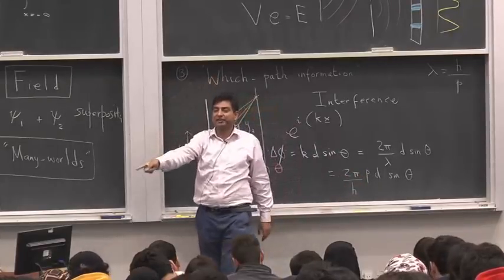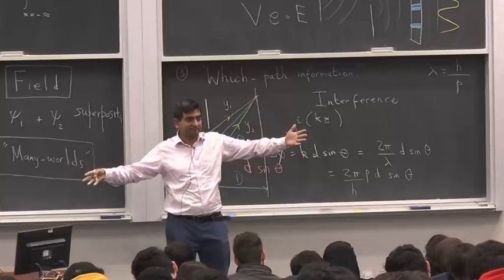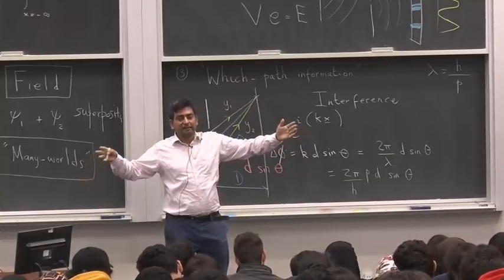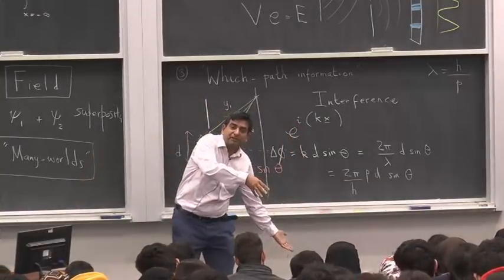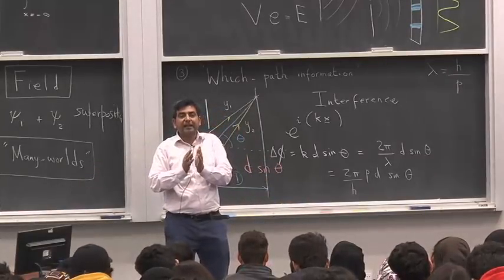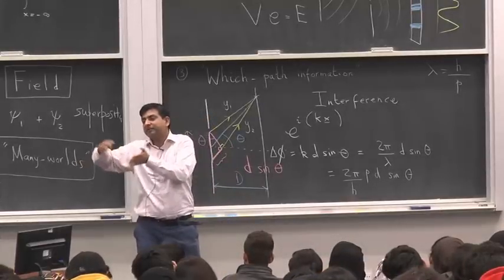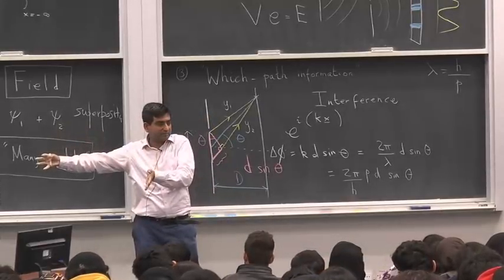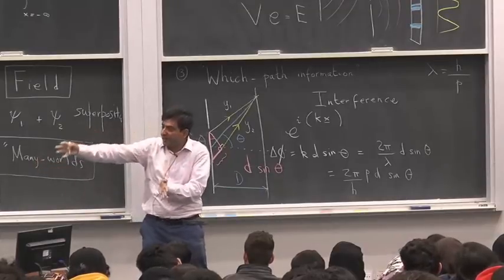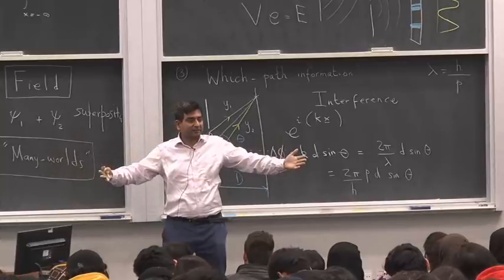Now if you want to see fringes, you can never obtain which-path information. If you have which-path information, you don't have fringes. This means that if you find out the position, you cannot find the momentum. The momentum becomes uncertain. And if you have a precise knowledge of the momentum, then the position becomes uncertain.